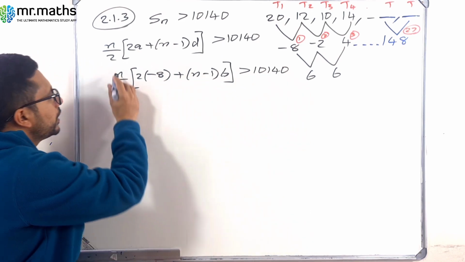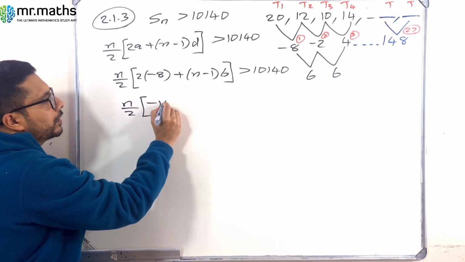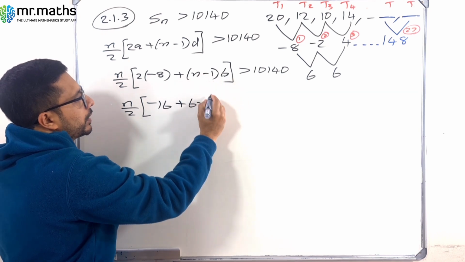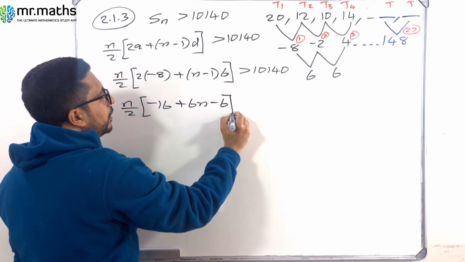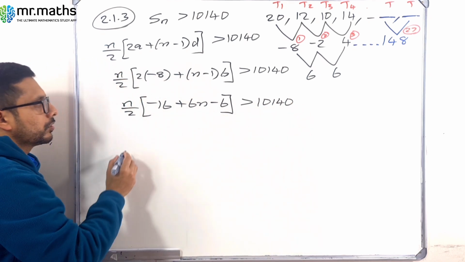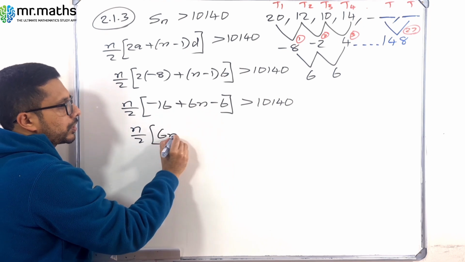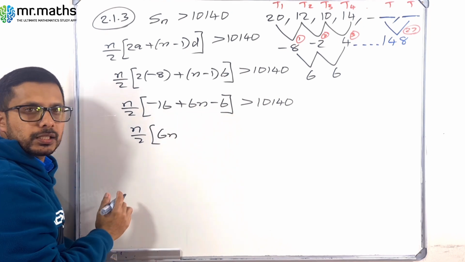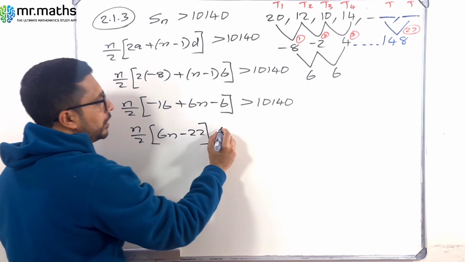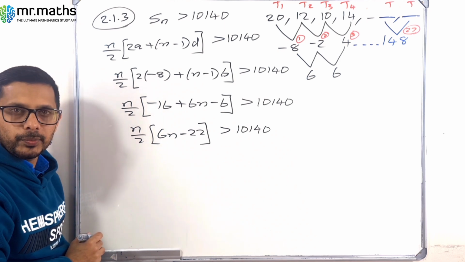So n over 2 into 2 into minus 8 is minus 16. 6 into n is plus 6n. 6 into minus 1 is minus 6. So here n over 2 into, we can write the 6n first, minus 16 minus 6, that is minus 22, is greater than 10,140.